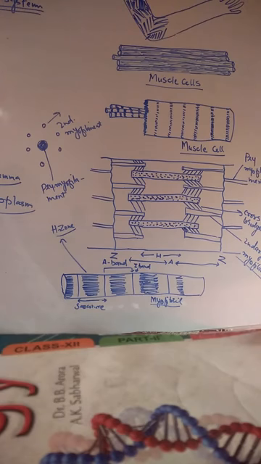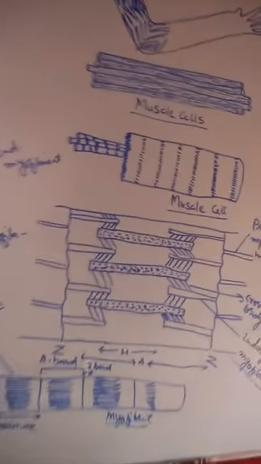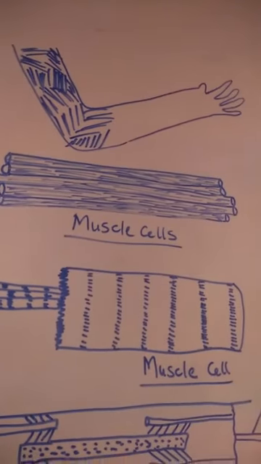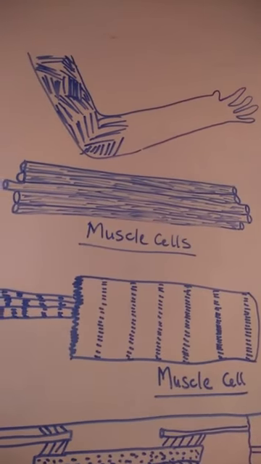Each sarcomere is a bundle of longitudinal myofilaments of two types, called primary myofilaments and secondary myofilaments. The gross structure of a striated muscle fiber can be clearly seen. The first diagram is of the muscles of the limbs.